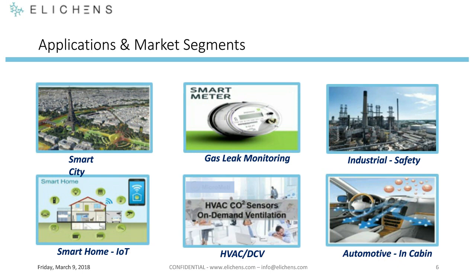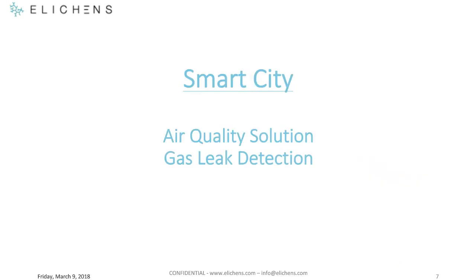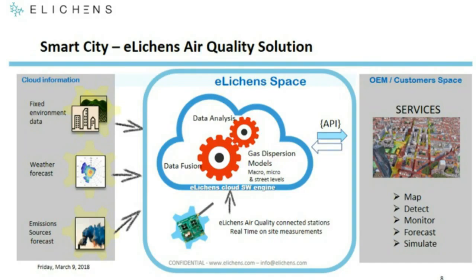So jumping into the smart city offering that we have, both in the air quality solutions and the gas leak detection. In the middle of this picture, you see eLikens Space, which is our hardware and our software as described in the earlier slides. On the left-hand side and the right-hand side, you see basically all the cloud model and public domain availability. What we do is use this cloud information, being fixed environmental data, weather forecast, and emission sources forecast that are available.